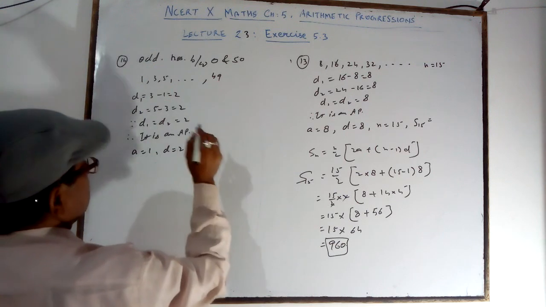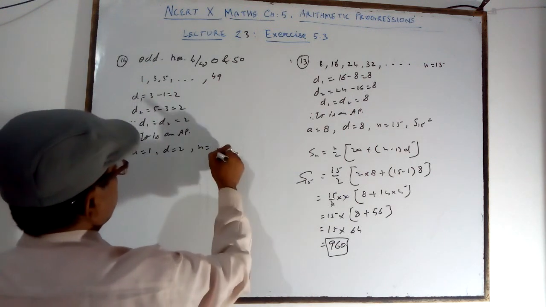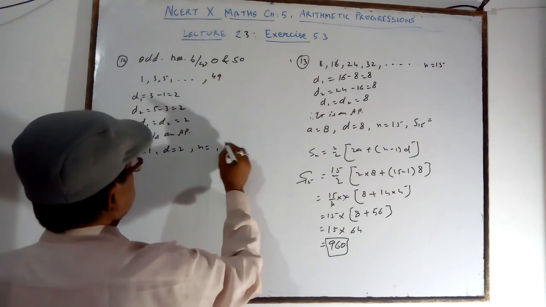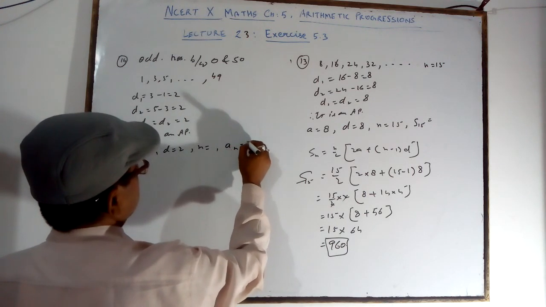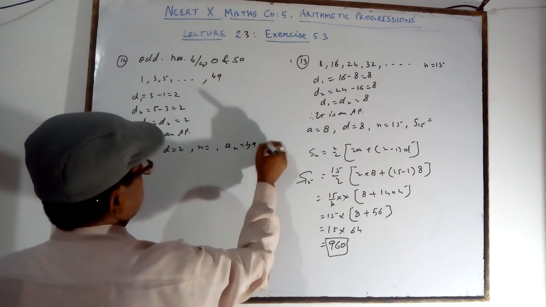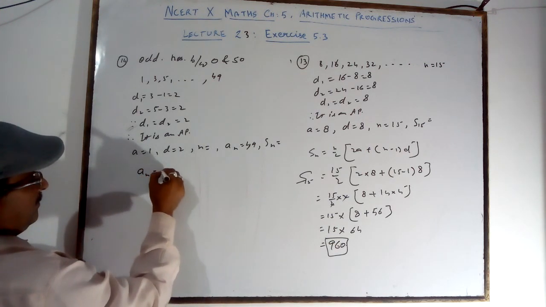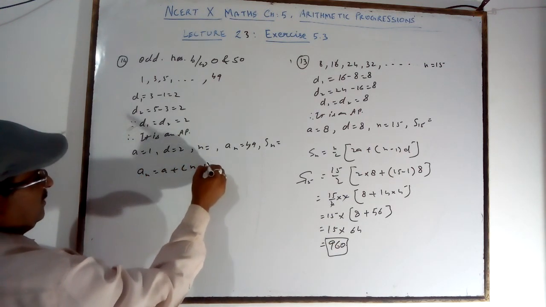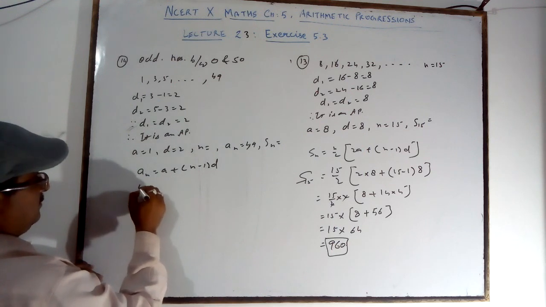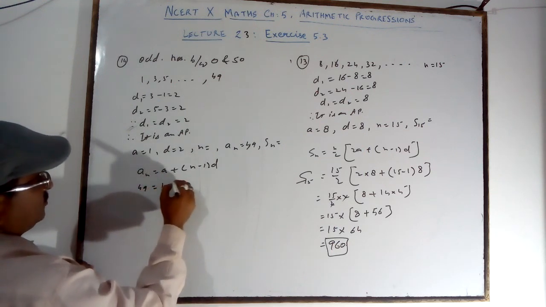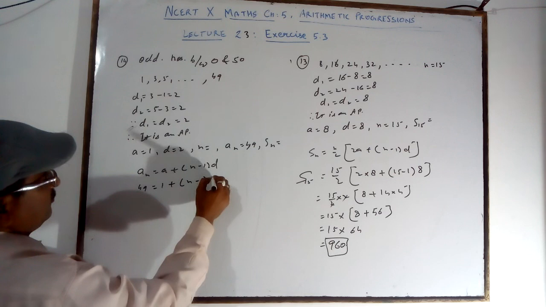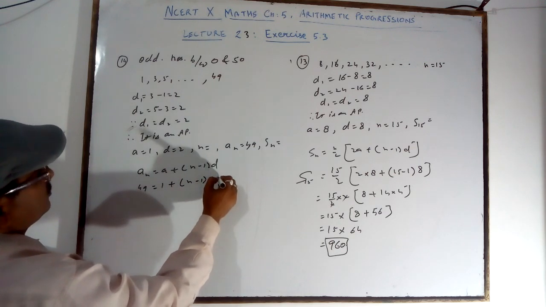What is N? You want to find out. An is given as 49, then you find out Sn. An is A plus N minus 1 into D. So 49 is equal to 1 plus N minus 1 into D.